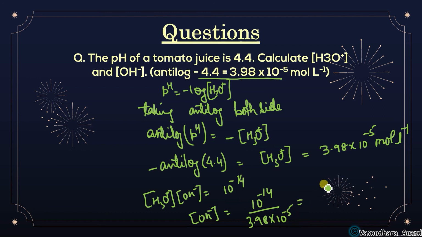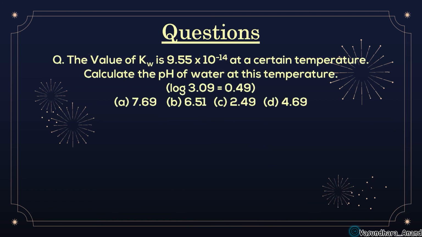So just solve it: 1 upon 3.98, and 10 to the power minus 9. Solve it and you'll get this answer. Any problem? I hope it is clear. Now move to the next question.